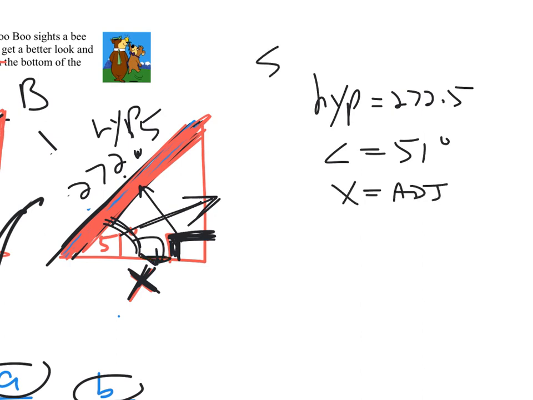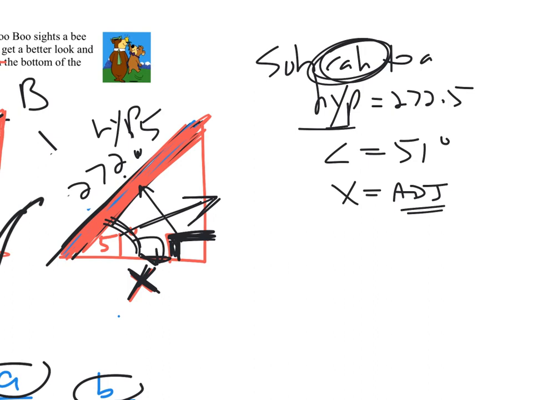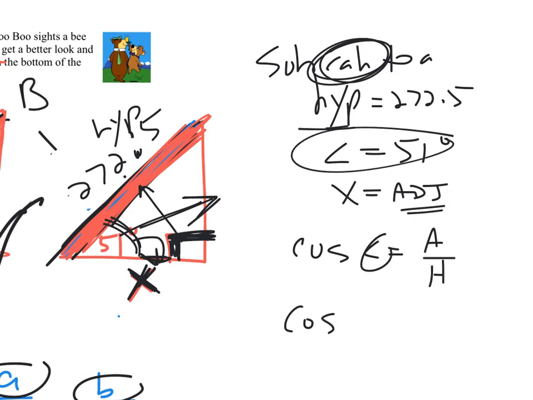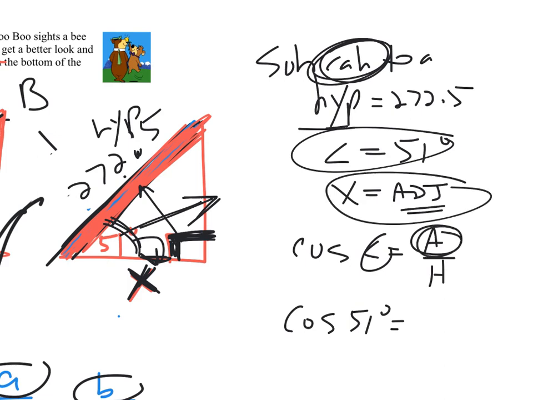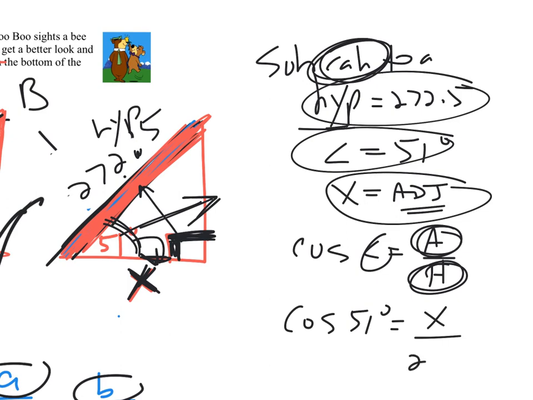So if I'm using SOHCAHTOA because I have a right triangle, I have the adjacent and the hypotenuse, so this is going to be cosine. The cosine of an angle equals adjacent over hypotenuse. So the cosine of the angle, here the angle is 51, equals the adjacent, which we said was x, over the hypotenuse, which was that 272.5 value.